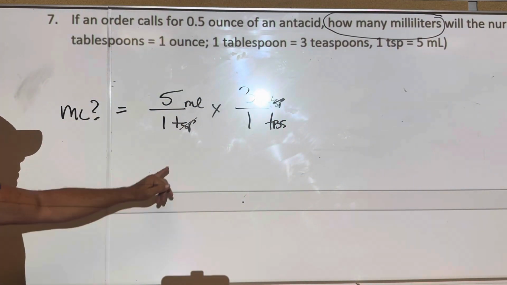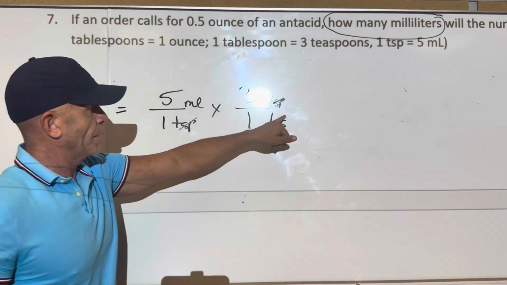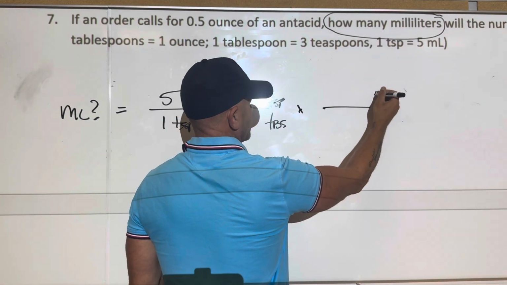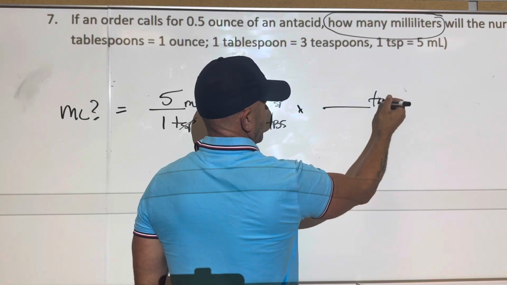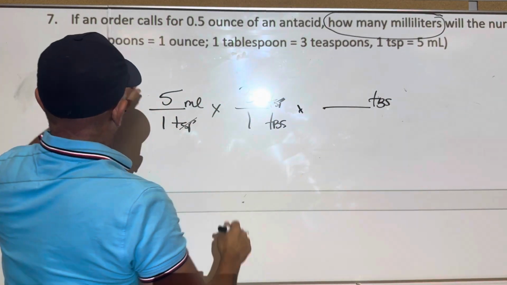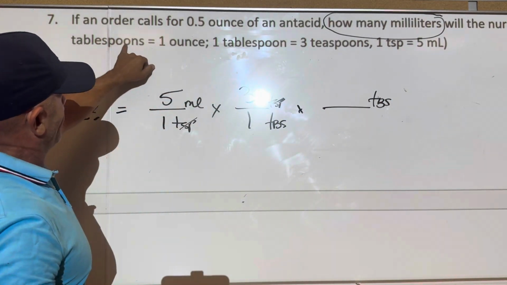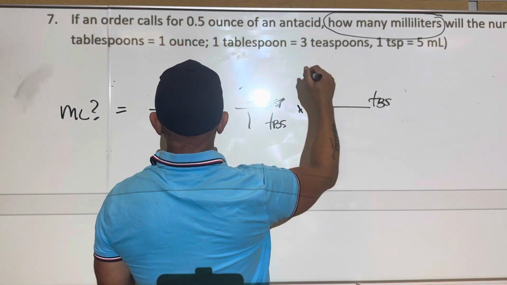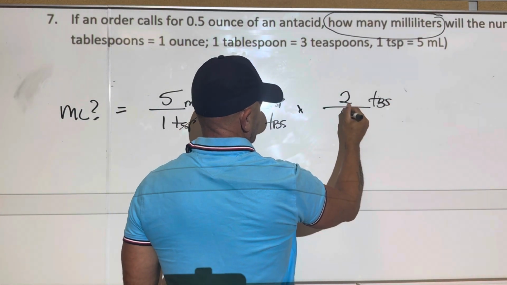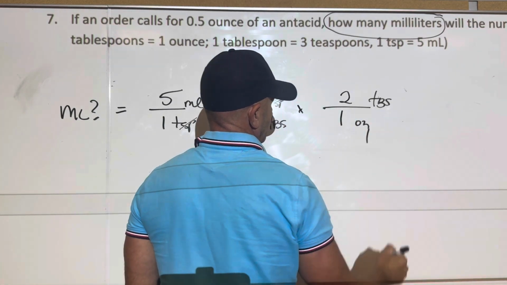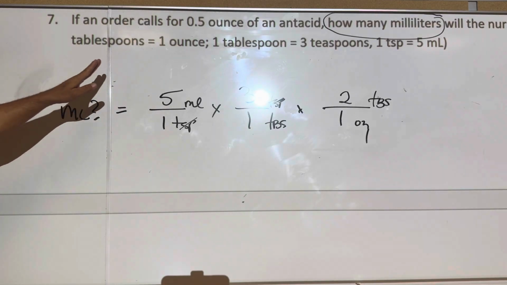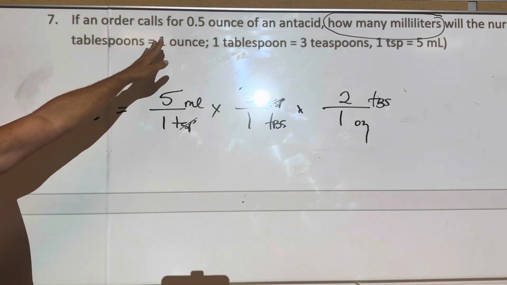Okay? Remember, teaspoon, teaspoon. So what do you think is going to go in the next one here? What's going to go here? Tablespoons, because that's our next given. 2 tablespoons equals 1 ounce. Remember, we're going like this. So 2 tablespoons equals 1 ounce. Okay? Now, we're not done because what have they given us?